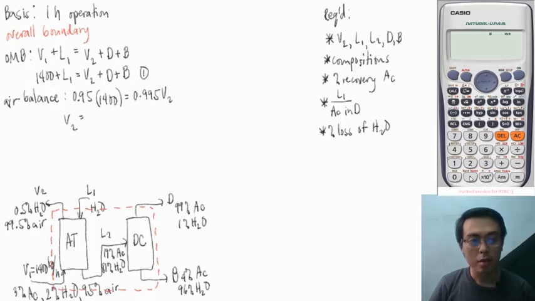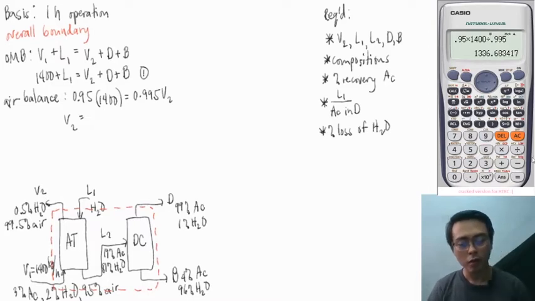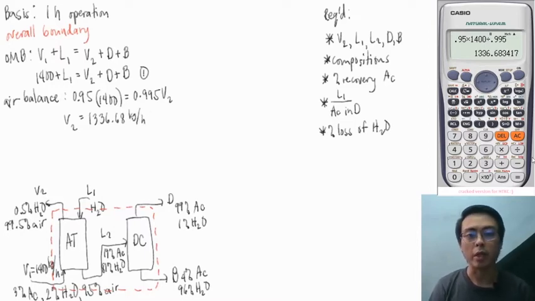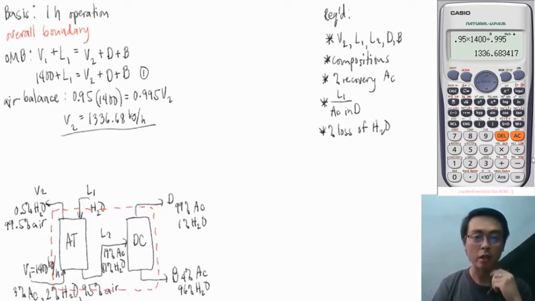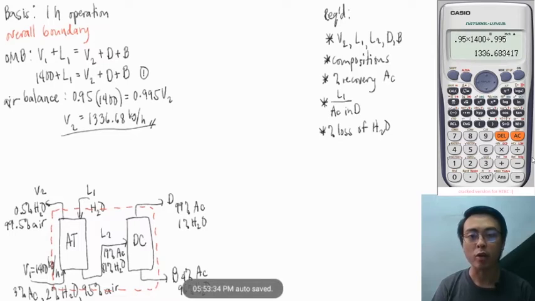That is 0.95 of 1400 divided by 0.995. V2 is 1336.68 kilograms per hour. We will not be using significant figures yet. Let's just first collect all of the unknown values.